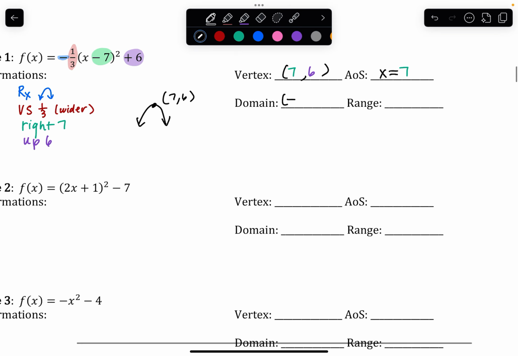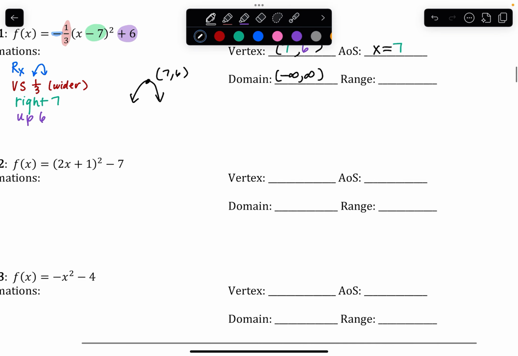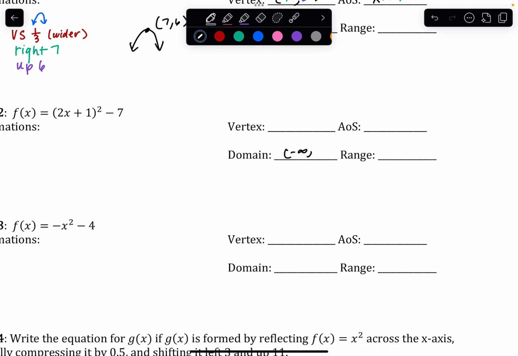Our domain will be all real numbers all the time, so you could go ahead and fill that in for every single one. For the vertex, it's an ordered pair. For the axis of symmetry, it's an x equals equation.